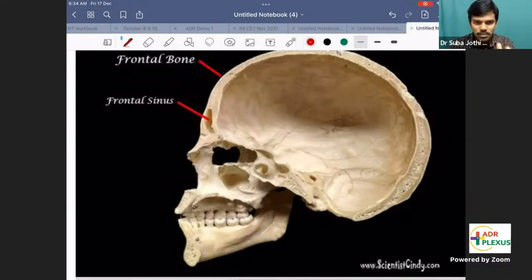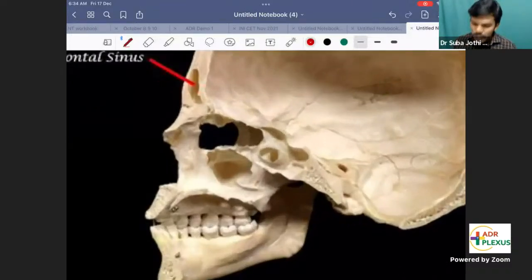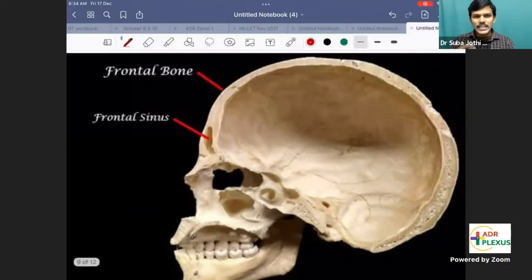The only sinus that will never have CSF rhinorrhea. The answer is maxillary sinus. The maxillary sinus has nothing to do with the cranium. Just look at this. We'll look in detail at the relation of every sinus.